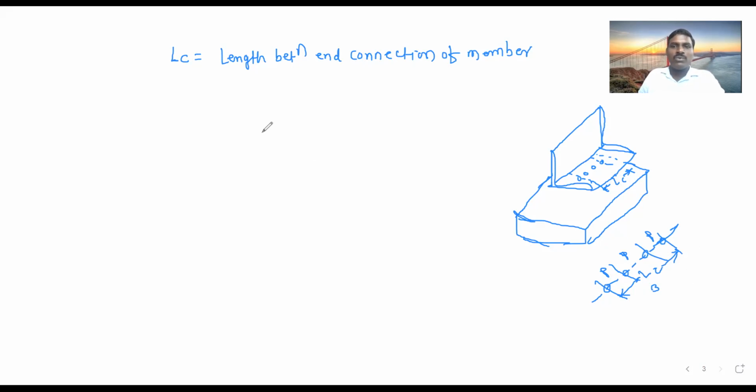Okay, so how can we calculate LC in this situation? 3 into pitch length, 3 into pitch distance. Simple. So here LC is equal to end connection, it means number of pitches into pitch distance.